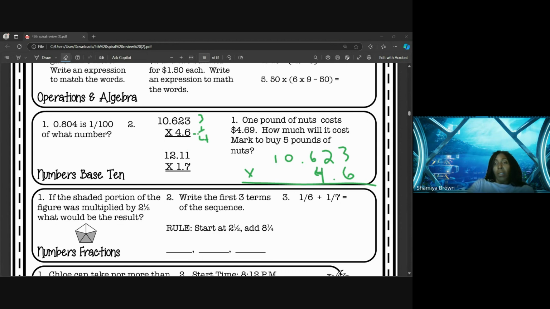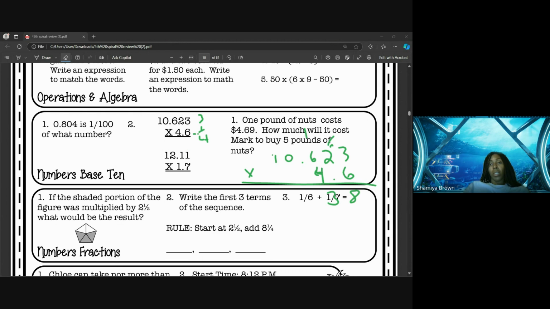So 3 times 6 is 18. Put my 8. Carry my 1. 2 times 6 plus 1 will give me 13 because 2 times 6 is 12. Plus 1 more makes 13. Remember, we don't worry about our decimal yet. Then 6 times 6 is 36.